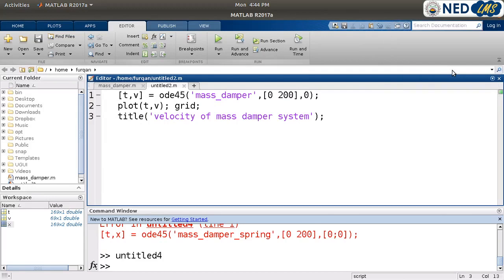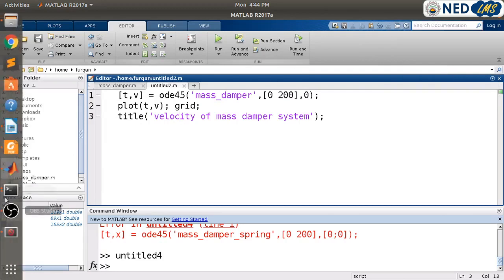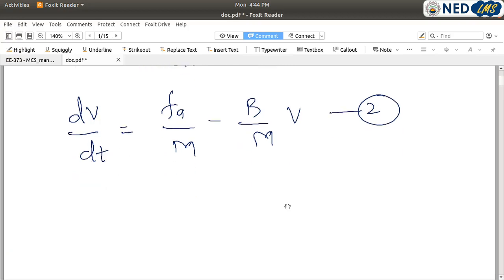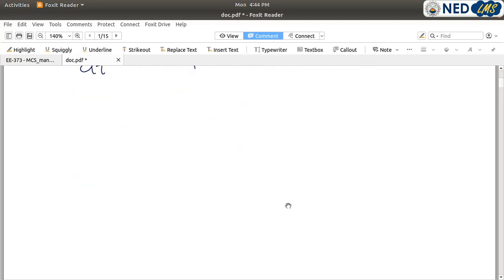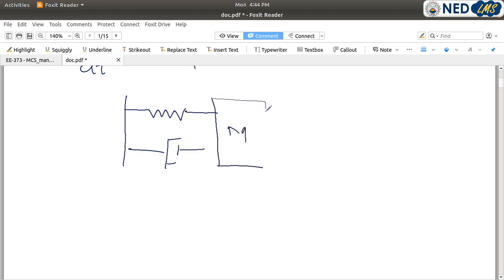Now moving towards the next version of the figure, in which a spring is also added to the system. The figure will become spring, damper, mass.